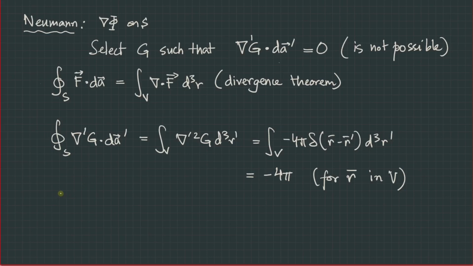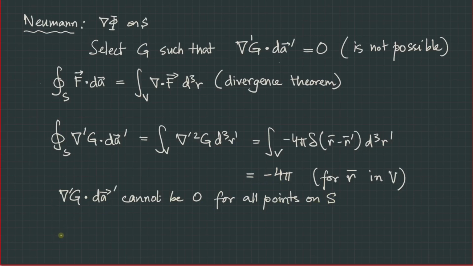So the integrand, which is the gradient of G dotted with the area element, cannot be 0 for all points on S, because if this is 0 for all points on S, then this integral will never give us a non-zero value.